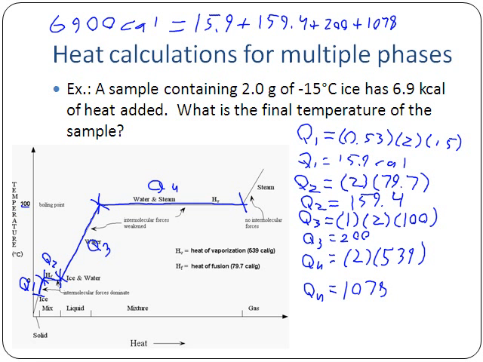But we only have one section that's left. That's this very last steam section right here. We know that has to be a Q5, but do we know how much that is? Well, we sort of do, because we don't know what Q5 is, but we do know that if we add it to those other heats, it has to equal 6,900. And so since that's the one that's left over, we can go ahead and take 6,900 and subtract off the existing heats we have.